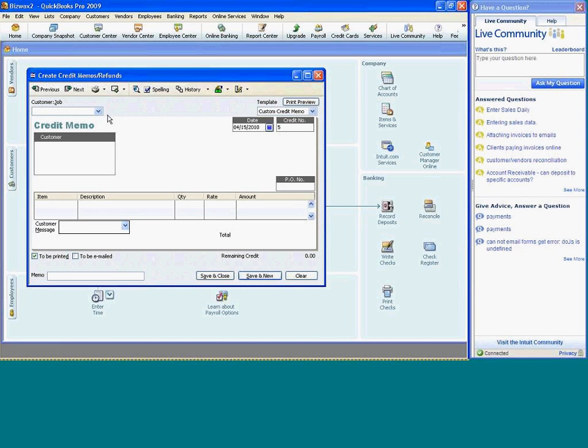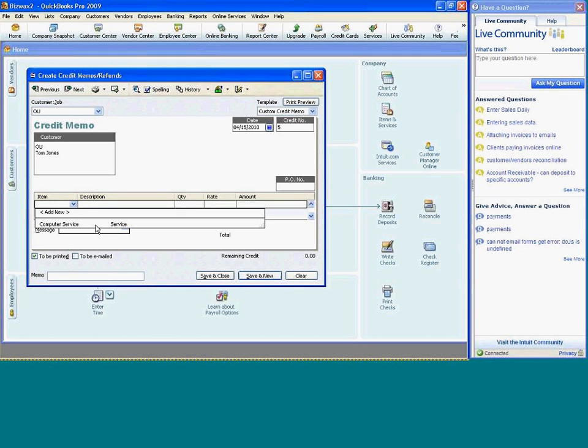So this will be here to Dr. Smith, to the OU. We said that computer service, we have a description, we have a refund of $100 that we're giving to you.